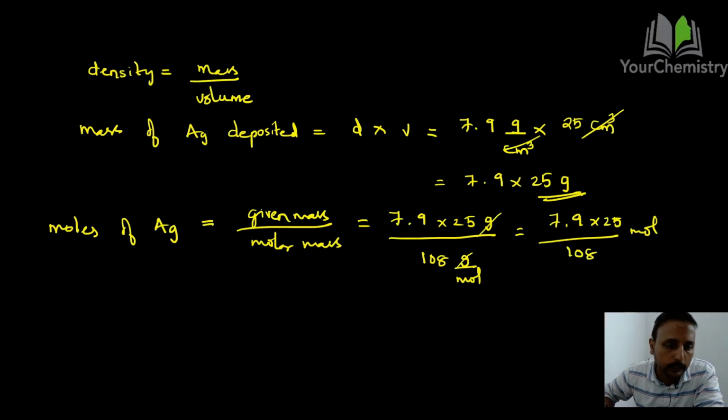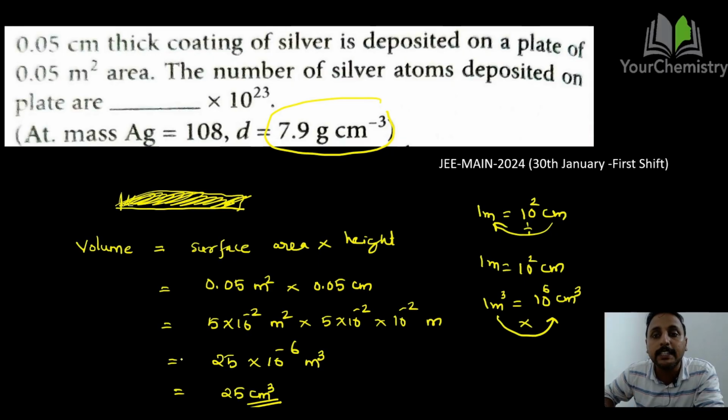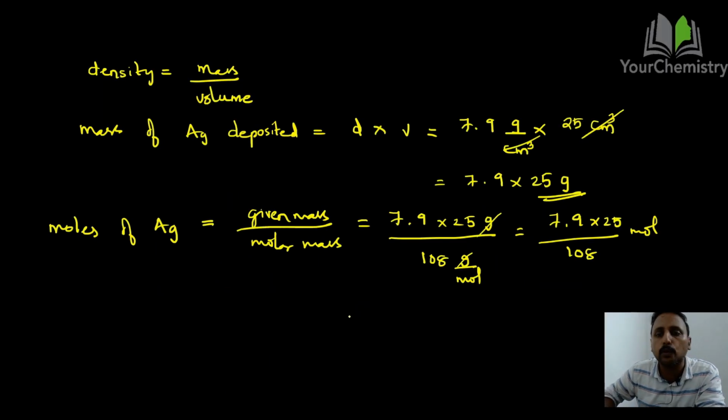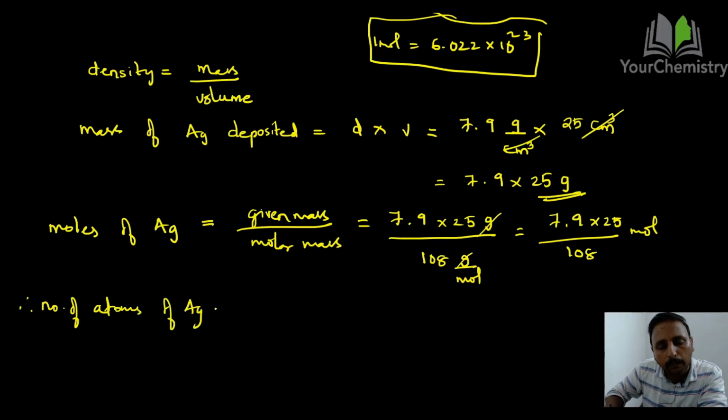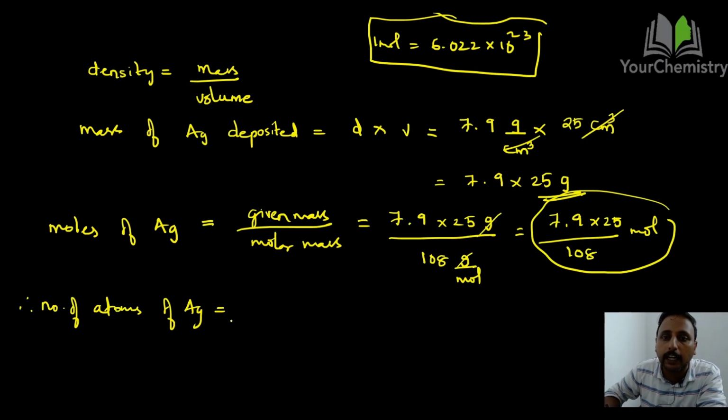moles are there. In the question, what are they asking? How many silver atoms are there? So 1 mole is equal to 6.022 into 10 raised to 23, as you know. If that is the case, 7.9 into 25 divided by 108 will be how much? Therefore, the number of atoms of silver: I need to multiply this number with Avogadro's number.